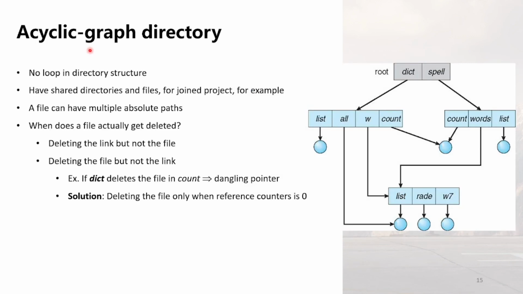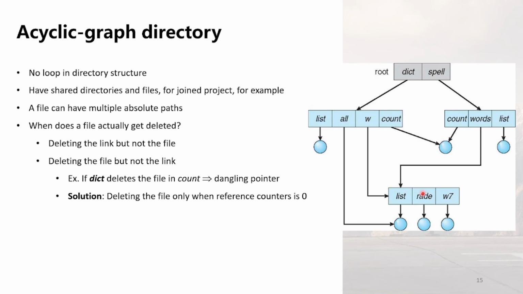In this slide, we are exploring the concept of acyclic graph directories in operating systems. This structure is a bit more complex than the tree-structured directories we have looked at before.